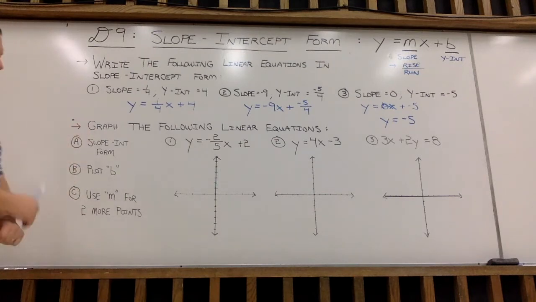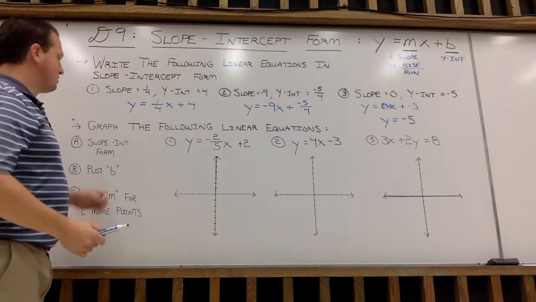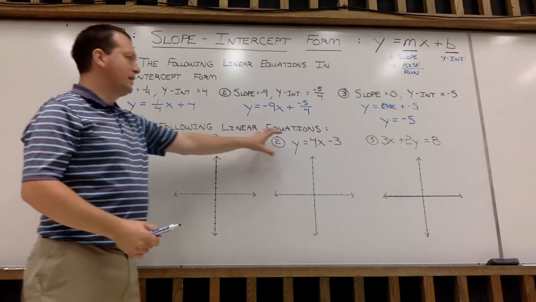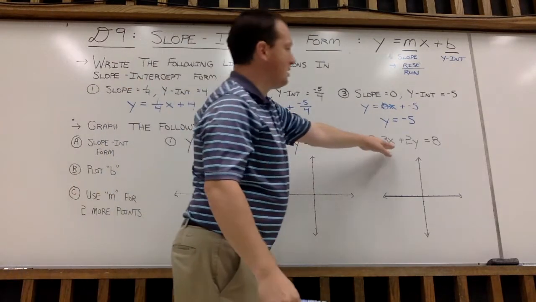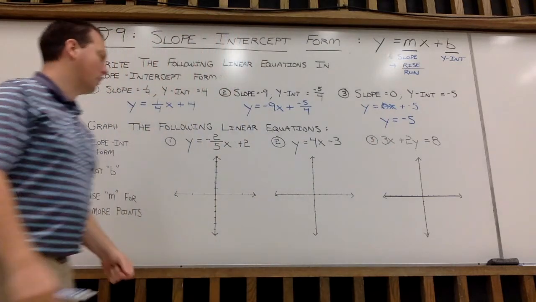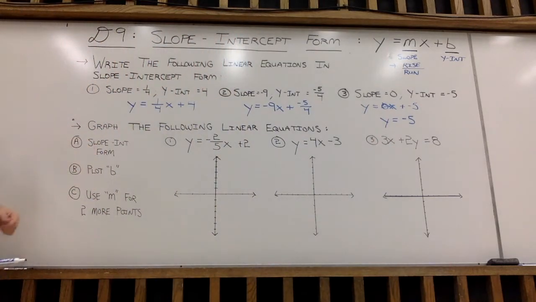All right, one of the main ideas we're looking to do today is graphing linear equations that may or may not be given to you in slope-intercept form. So our 3-step process to graph linear equations is to, A, make sure our equation is in slope-intercept form.